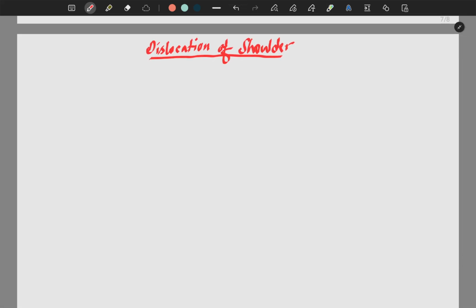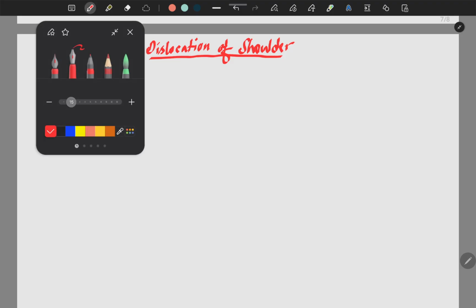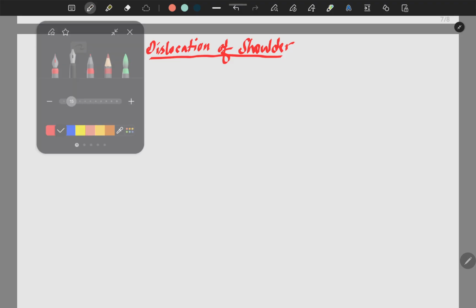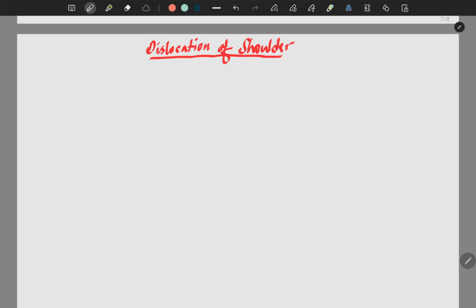Before we start reading about the dislocation, we will go to the anatomy of the shoulder joint.